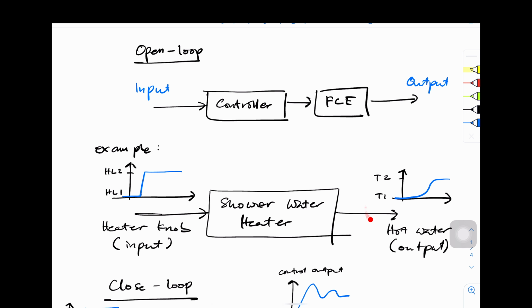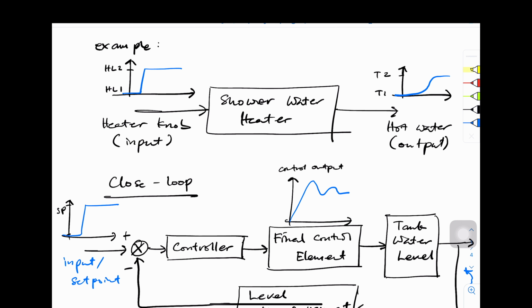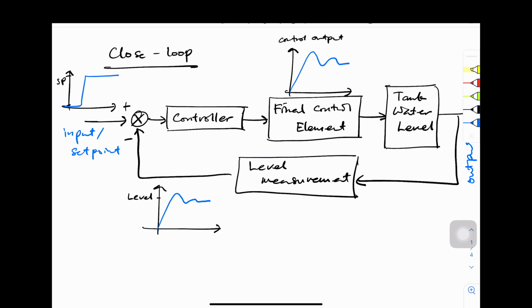In terms of the output, we will get the water temperature changing from the previous temperature to a hotter temperature. That is an open loop control system. Looking at the closed loop control system, as I mentioned earlier, the major difference in comparison to the open loop control system is the existence of the feedback element.